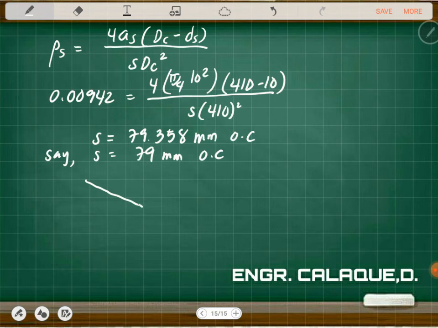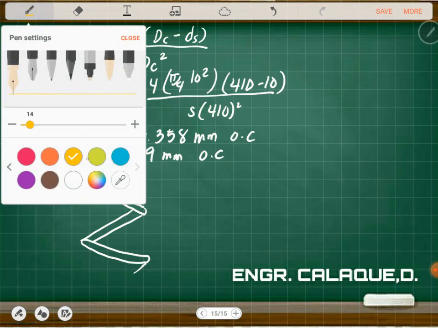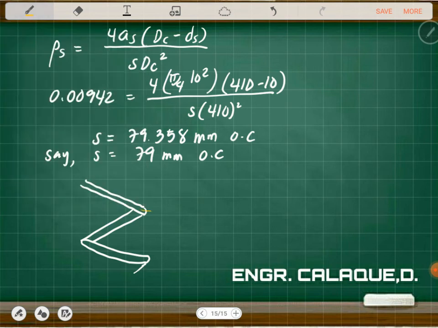If this is our spiral, this is the center, and this is the S. The clear spacing is between these two, so each part is the bar diameter divided by 2.